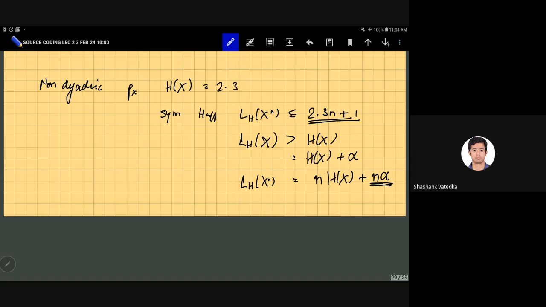The second statement is that arithmetic encoding of X^n achieves an expected length of less than or equal to 2.3n plus 2 bits. This is of course true.